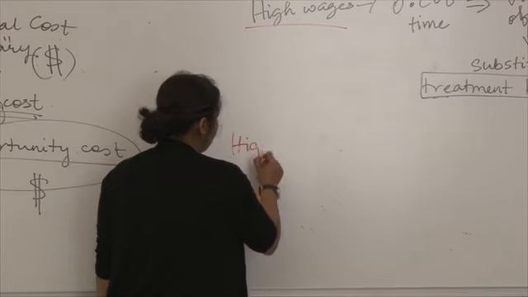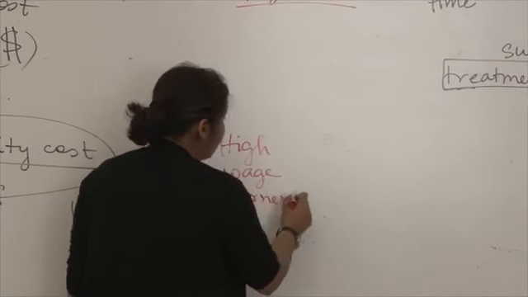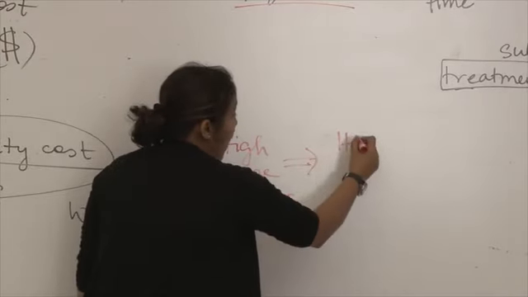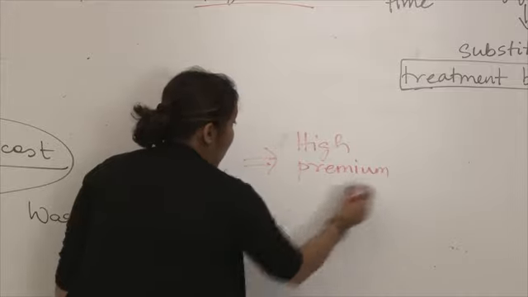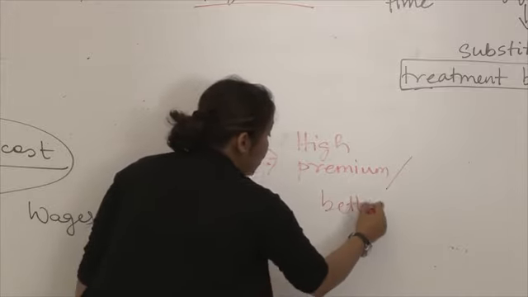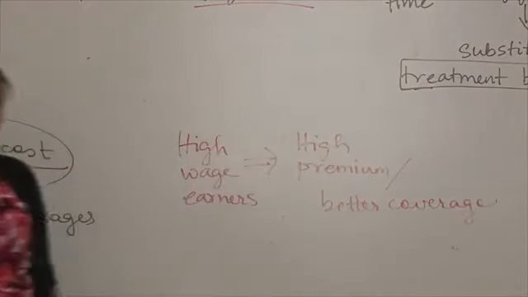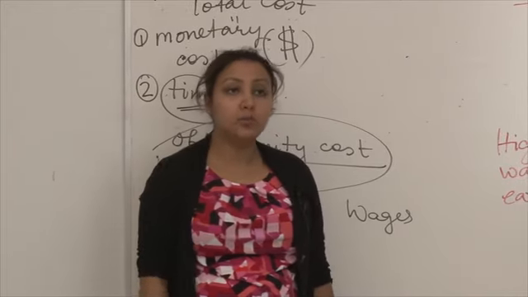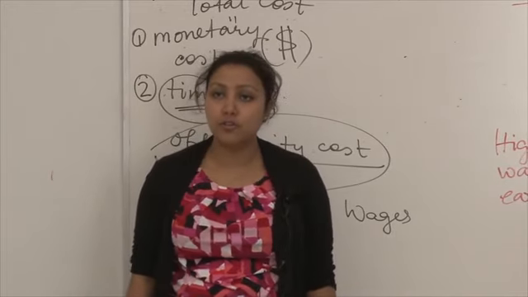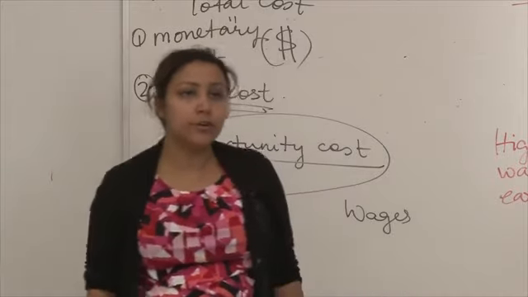So can we say that for high wage earners, it is the high wage earners who will be willing to pay high premium and have better coverage, and it is the low wage earners who will be willing to pay low premium and hence have low coverage? So in that sense, is health insurance a normal good or an inferior good?